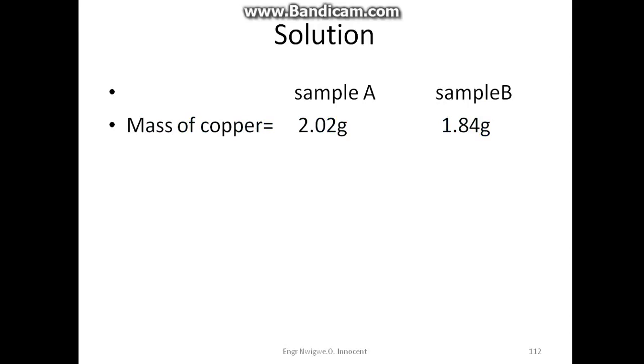Solution. We have sample A and sample B. Mass of copper in sample A is 2.02 gram and mass of copper in sample B is 1.84 gram.